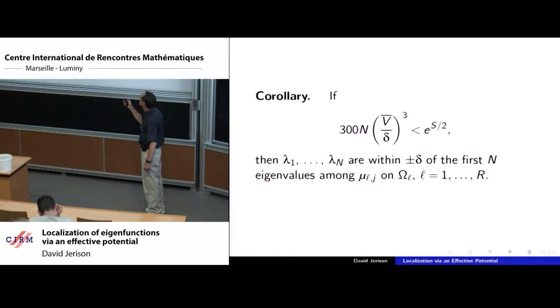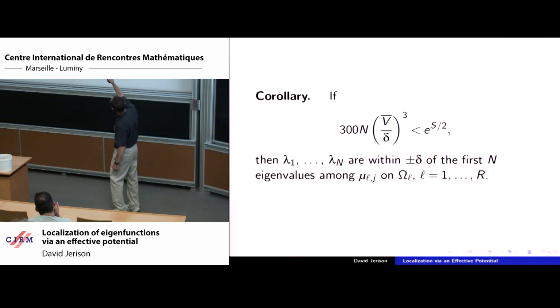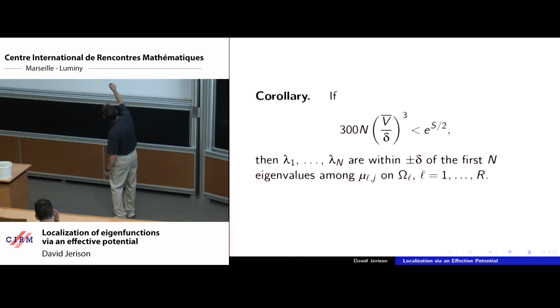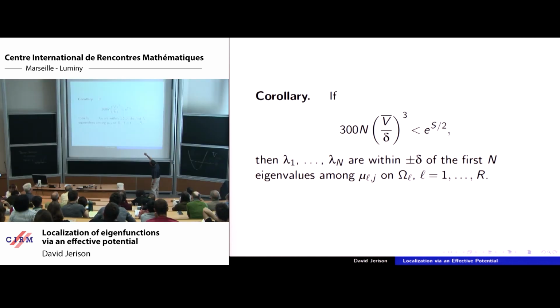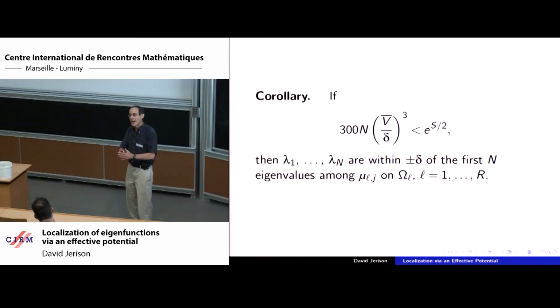So the last corollary is that up to this sort of exponential amount, we can allow n to go up that high, and then the lambdas will coincide with the localized eigenvalues within plus or minus delta. So the counting does work. It isn't perfect.